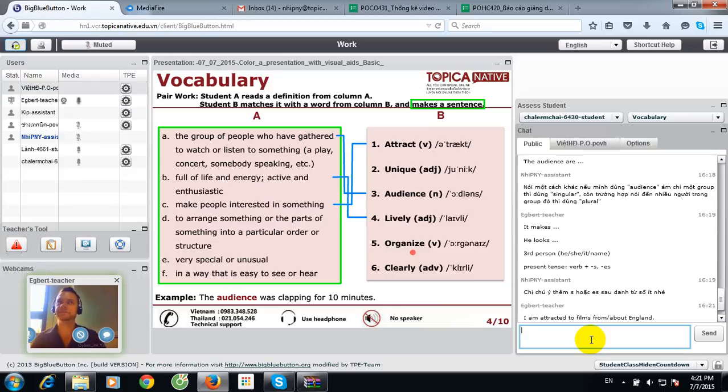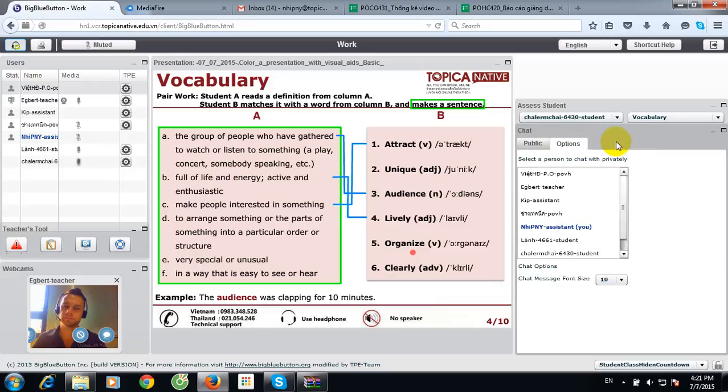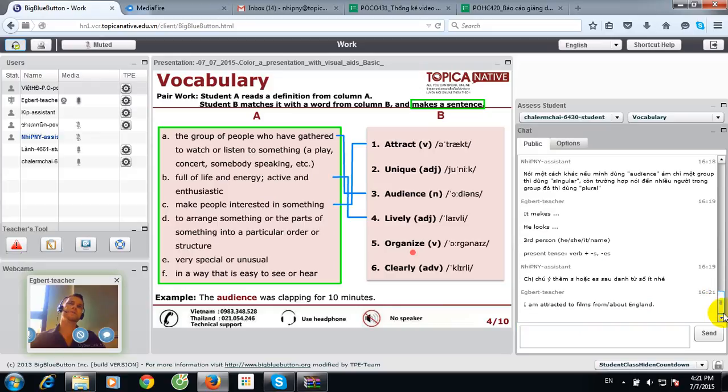And then Chalam Chai. This presentation attract to many people. So also here, this presentation is a singular noun.